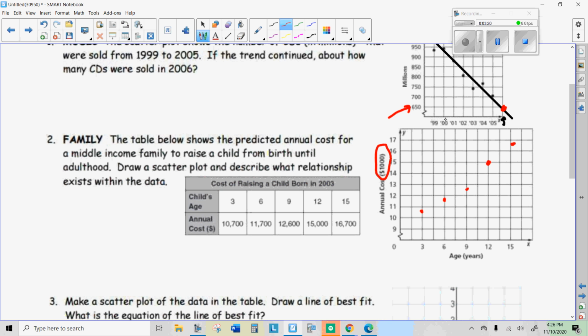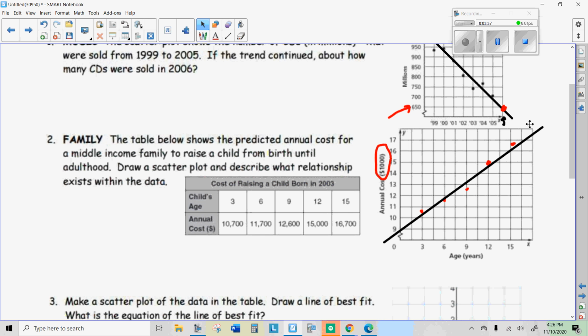Okay, those line up pretty good. So yeah, we could take a line and show the trend in the data with that line. And we can see that there's a positive correlation here.